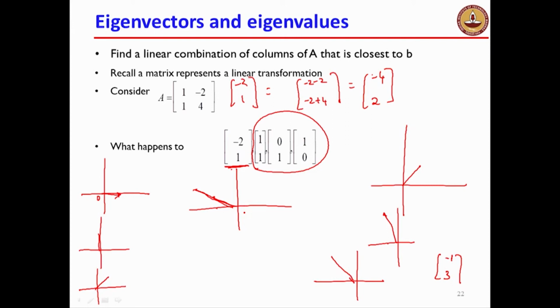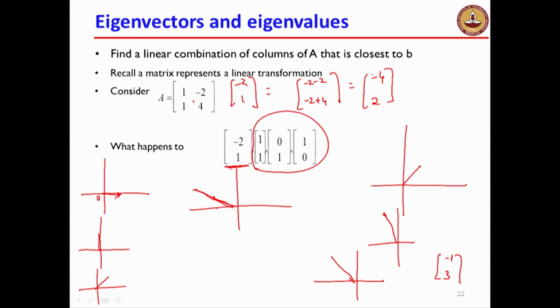So for this matrix, this seems to be some kind of a preferred vector because it resists rotation. Many of the other vectors that we saw were getting rotated by this matrix, whereas this particular vector was somehow immune from being rotated. It changed in length, but it was immune from rotation.